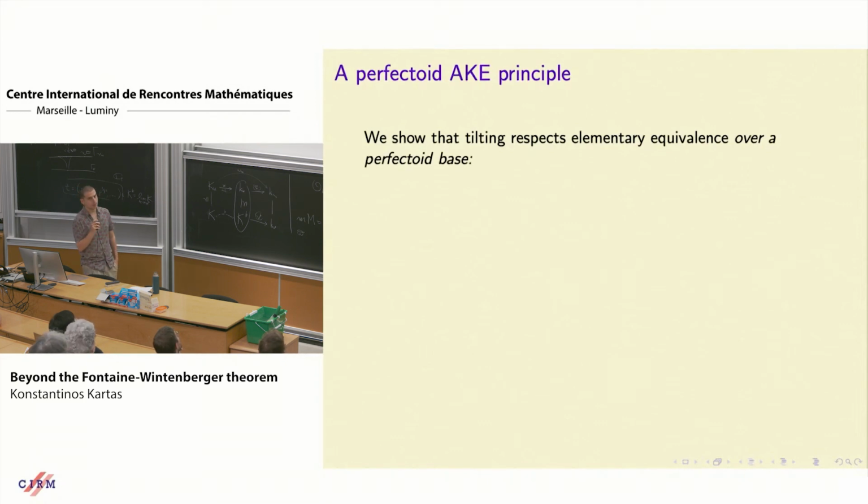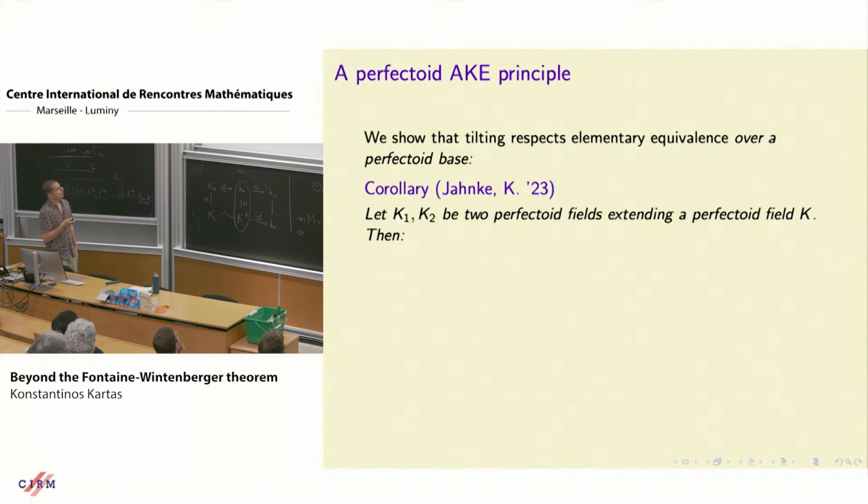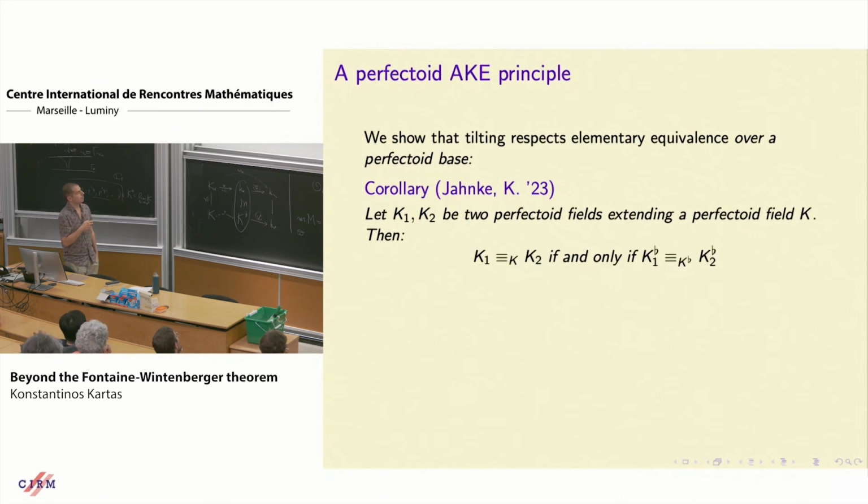So you have to fix a base. So let K1 and K2 be two perfectoid fields extending a base perfectoid field K. Then K1 is elementarily equivalent to K2 over K if and only if K1 flat is elementarily equivalent to K2 flat over K flat.